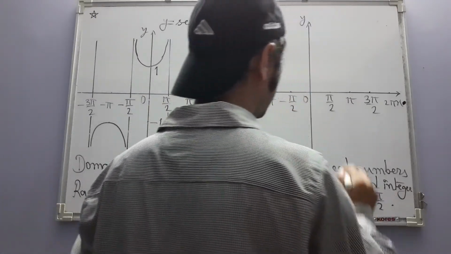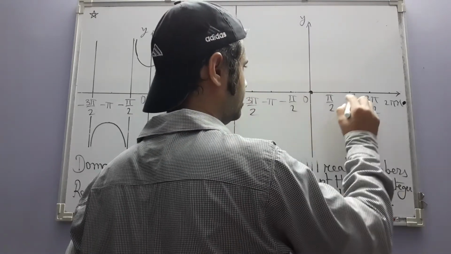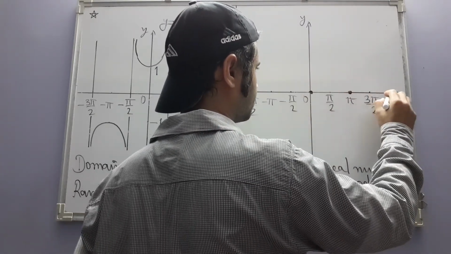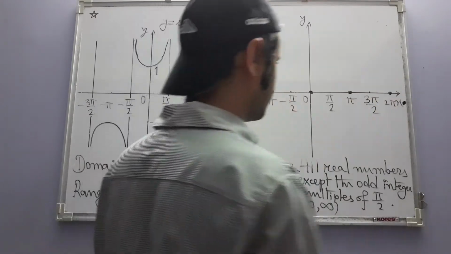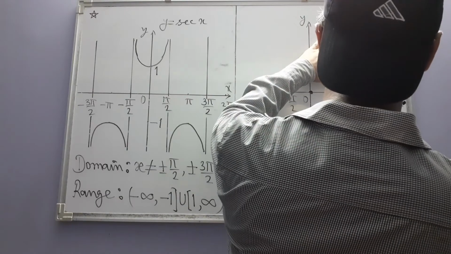So the points we have to avoid are these now, and hence we have to draw vertical lines passing through them.